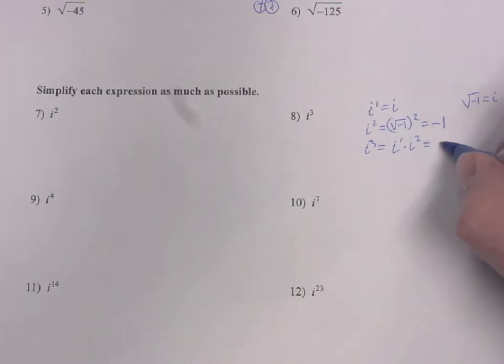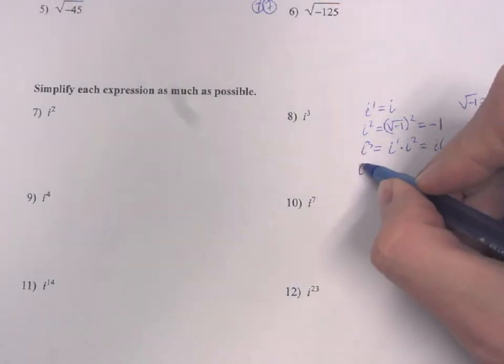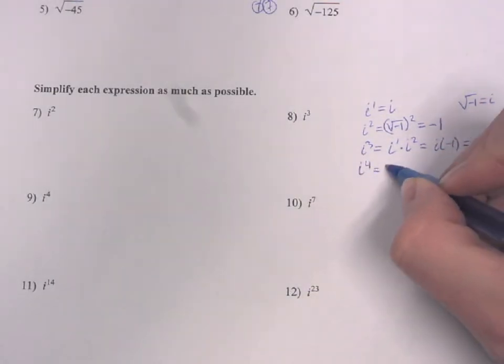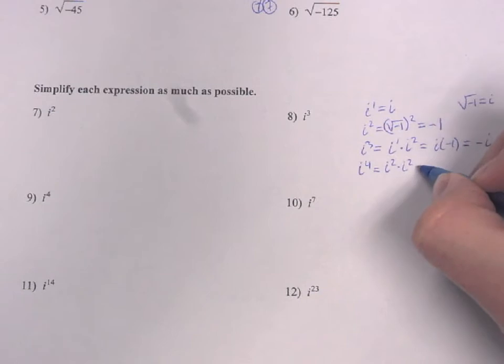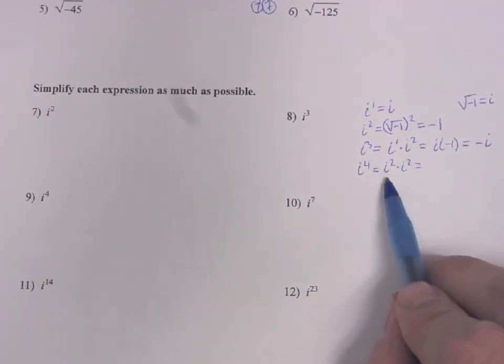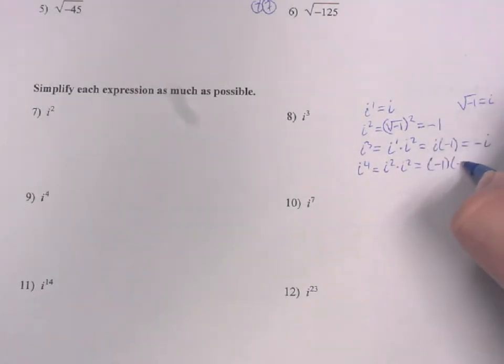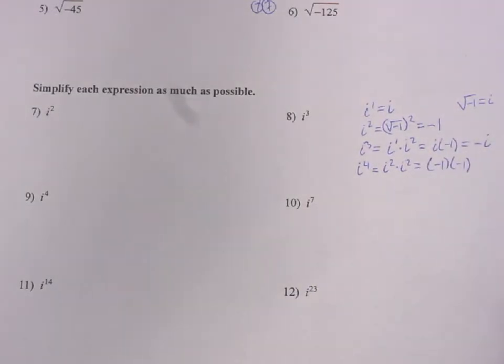So we can rewrite this as i times negative 1, or negative i. Okay, now i to the fourth. i to the fourth power we can write as i squared times i squared using our properties of exponents. And we already have defined i squared. We know that that's negative 1. So i squared times i squared will be negative 1 times negative 1, or 1.